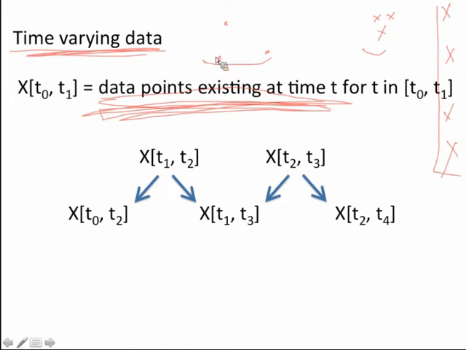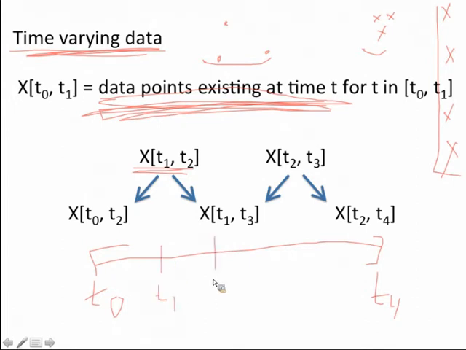So taking a look at how that data works, we can also do a persistent homology here. In this case, I took the intersection so I can think about having time going from T0 to, in this case, T4, and I might partition my time into various different segments, and then I might look at the homology associated. I might look at all the data points between T0 and T2.